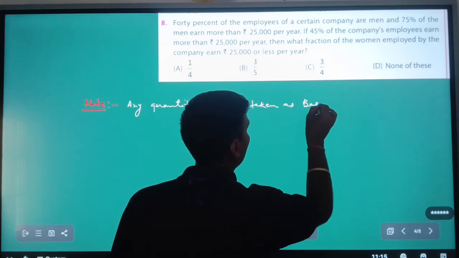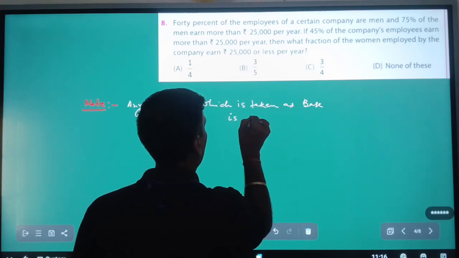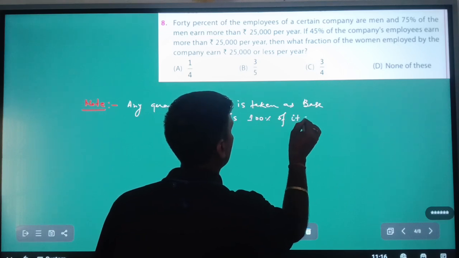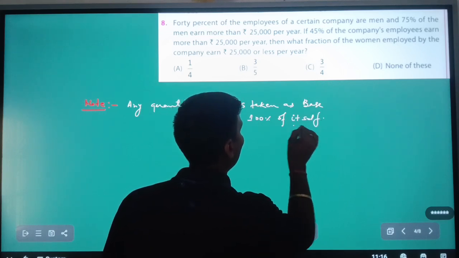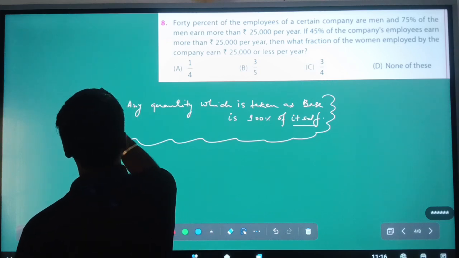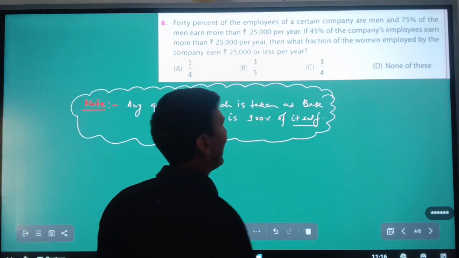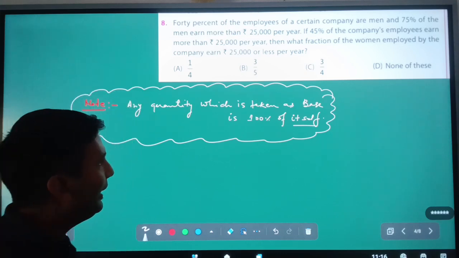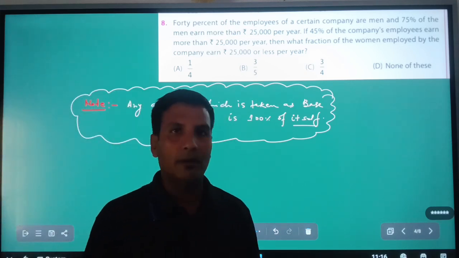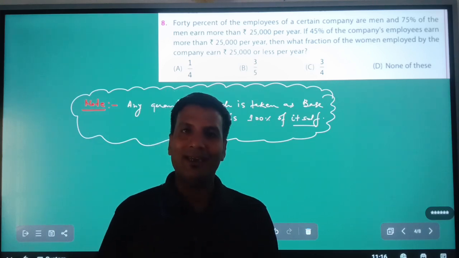What do you mean by base? From where you are comparing. Actually, this is the mantra of all chapters connected with percentage. What is base? That with which we are comparing. That quantity or that thing is taken as base.